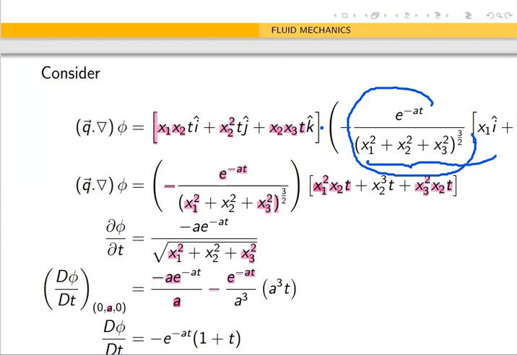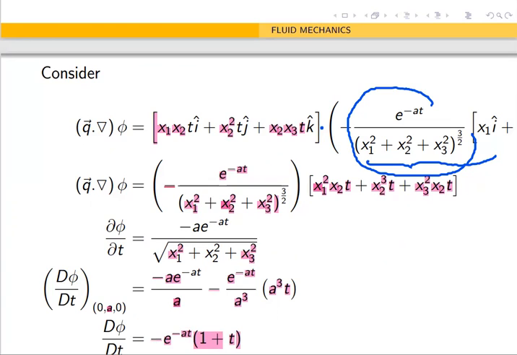And x2 is a, so it is a cube t as it is. In the denominator, this is a square to the power 3 by 2, so square and square root will go, and you get a cube. Now taking the common factor and simplifying, d phi by dt at (0, a, 0) is nothing but this. As simple as that.